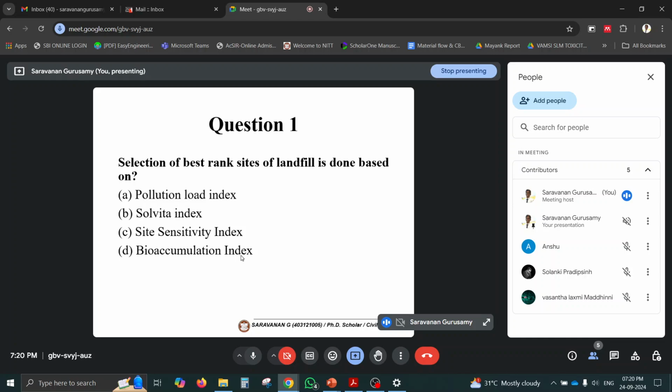We have discussed 6 steps for landfill site selection. In that, best site selection is based on one index. Please post the answers in the chat box. Options A, B, C, D.